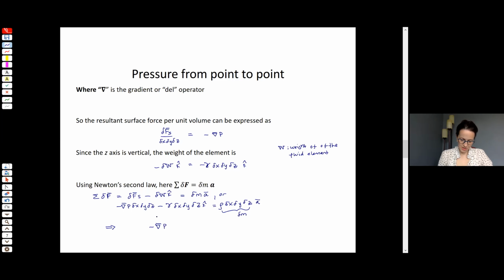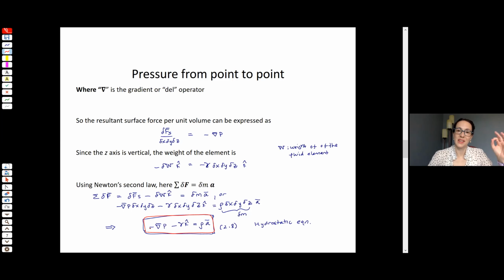All right, this is a really important equation. It's the equation of fluid statics, equation 2.8. I'll call it the hydrostatic equation. I'll even put a red box around it because it's super important to go along with our blue box there. Remember again the assumptions: we're still not assuming that the fluid is at rest.